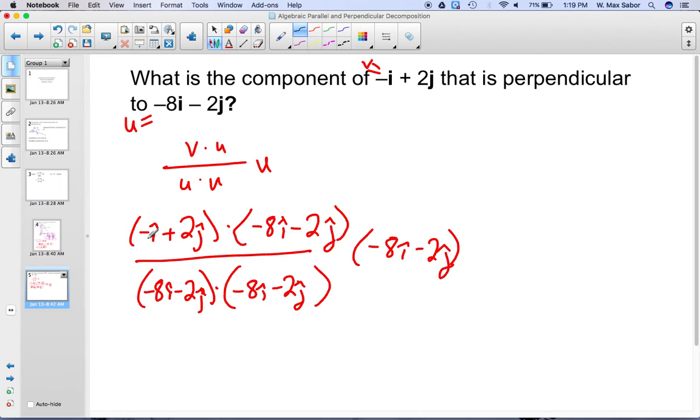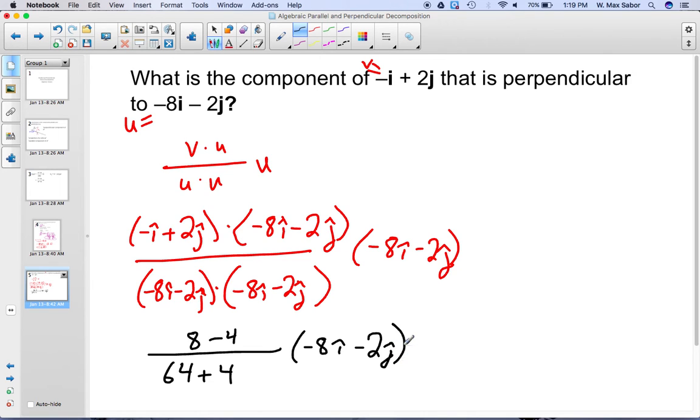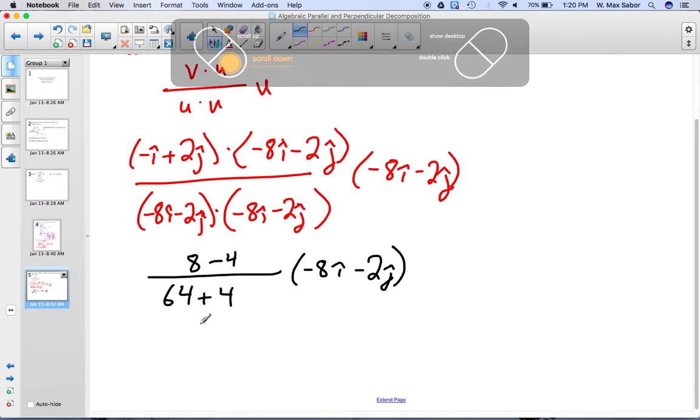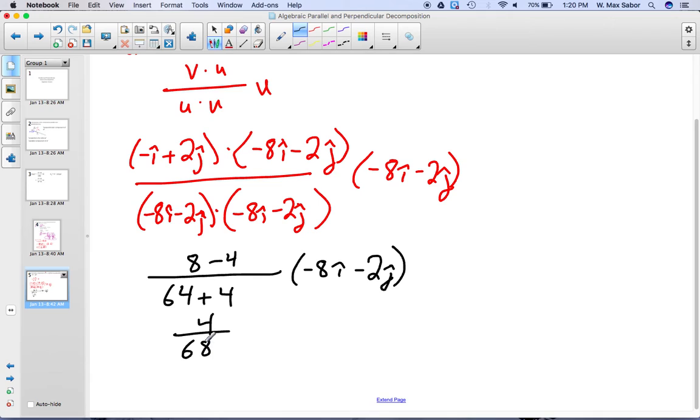So the numerator, negative 1 and negative 8 becomes 8. 2 and negative 2 becomes negative 4. Negative 8 and negative 8 becomes 64. Negative 2 and negative 2 becomes positive 4. And then still times negative 8i minus 2j. We have 4 over 68 times negative 8i minus 2j.